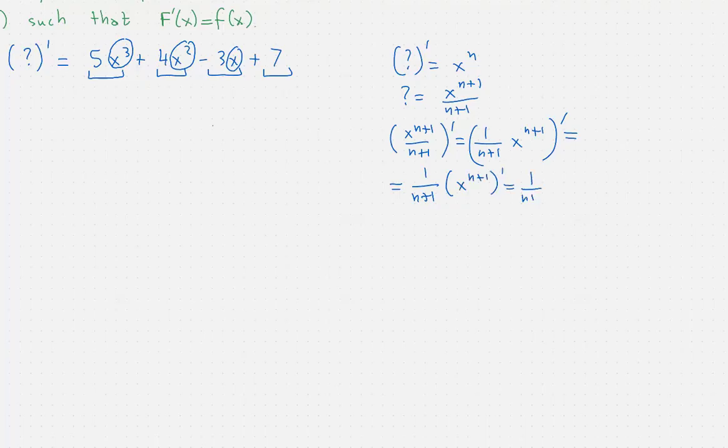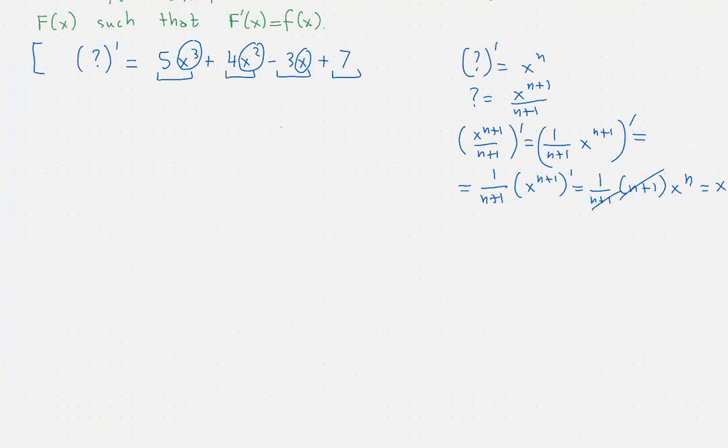Remember, to take the derivative of a monomial, you multiply by its degree and you take 1 degree lower. So these two things cancel each other and you indeed find x to the n. So that's precisely what we would like to do here.